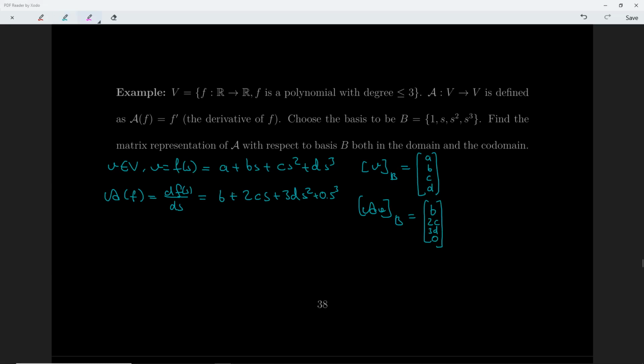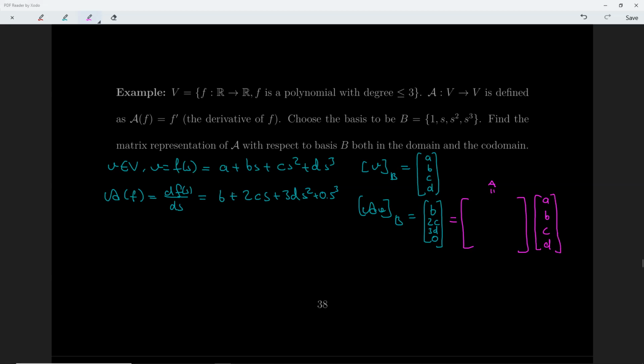Okay, and what I'm looking for is basically to find that representation vector as a matrix, I'll call this guy A, times the representation of my original vector v with respect to B, so it is a, b, c, d over here.